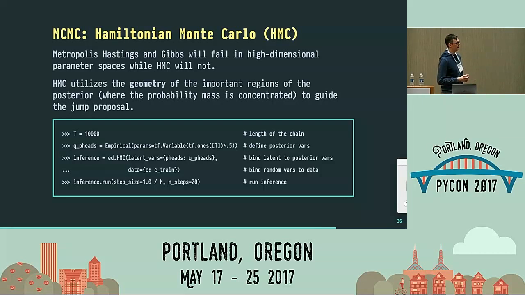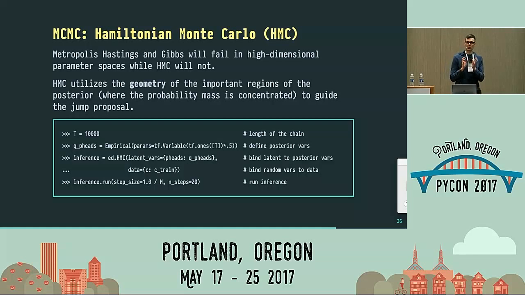And HMC, Hamiltonian Monte Carlo, is a method that aims to resolve these problems. What it does is come up with a better informed proposal by studying the geometry of the important regions of the posterior.